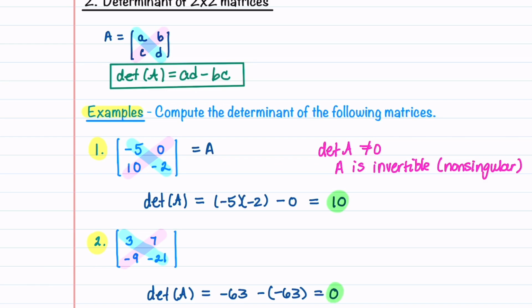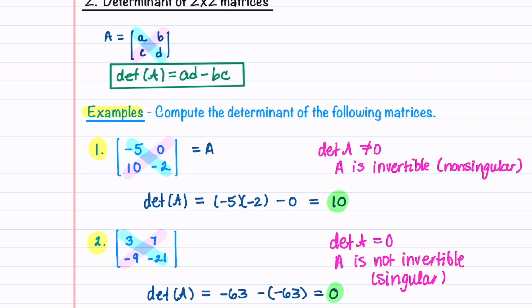In this example, our determinant is equal to 0, so we say that A is not invertible, and we call A singular. The determinant is a really nice way to find out if a matrix has an inverse or not.